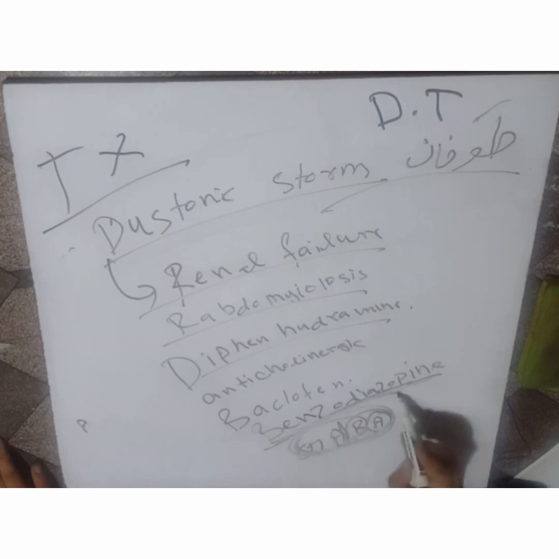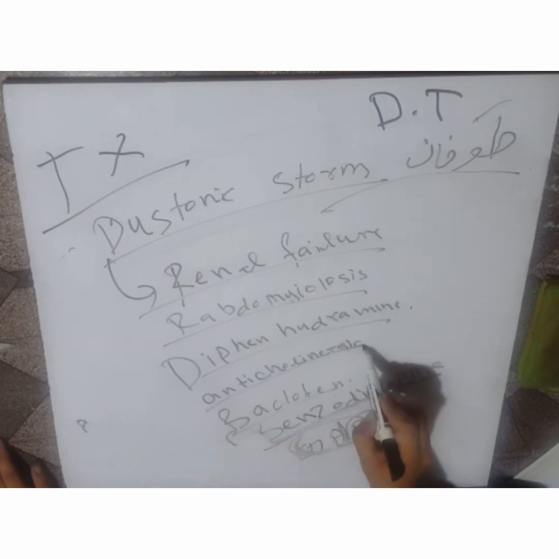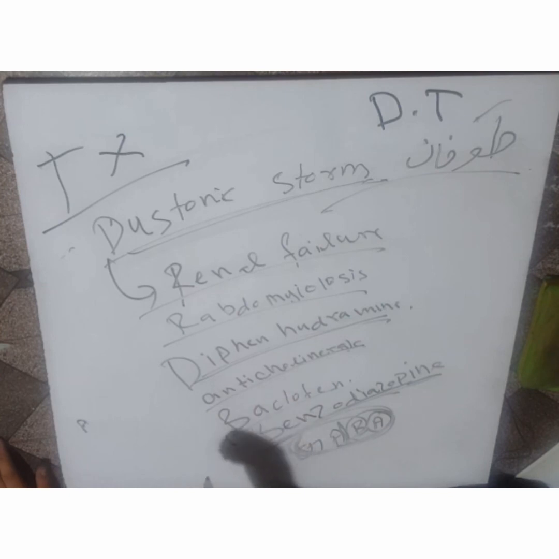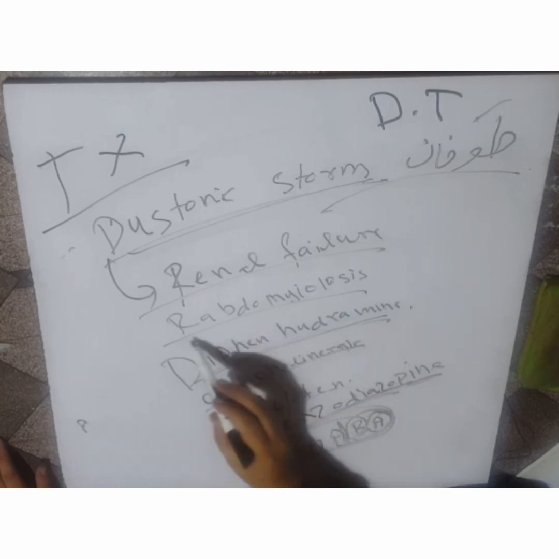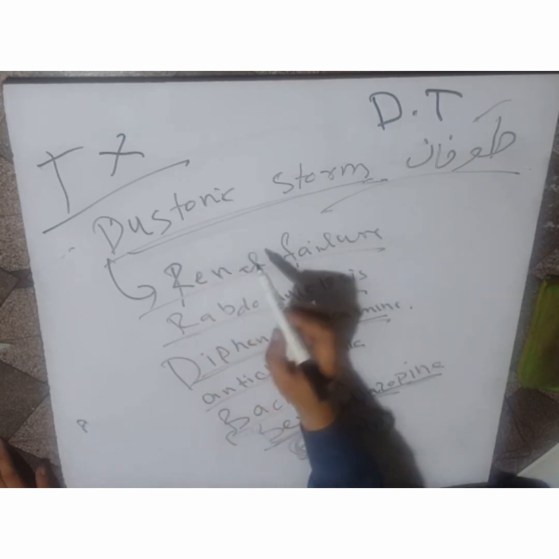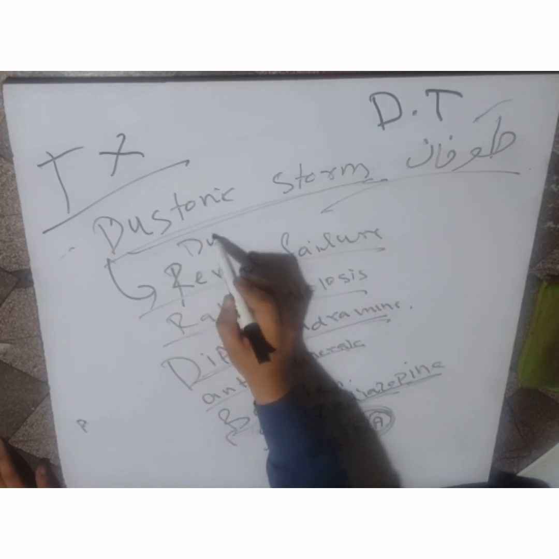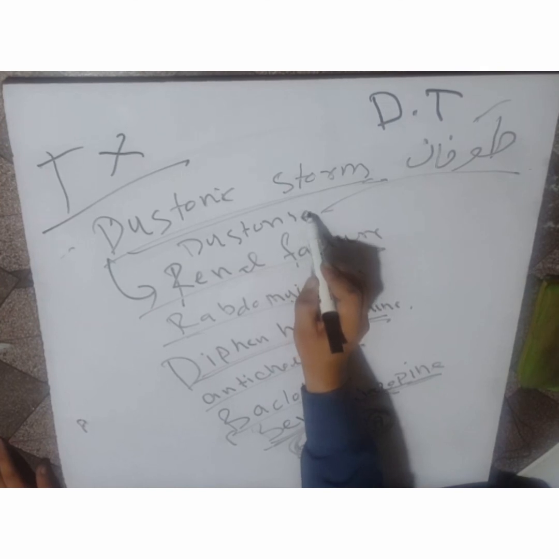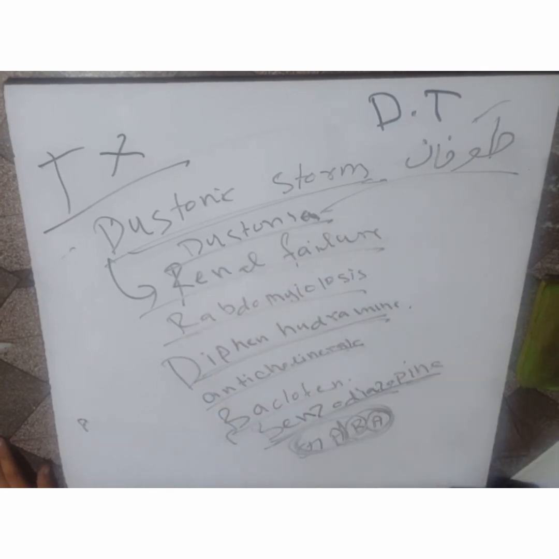So we give benzodiazepine, buprenorphine, and the anticholinergic diphenhydramine in cases of dystonic storm. In dystonic storm, there is renal failure and rhabdomyolysis with dystonia. These are the features.